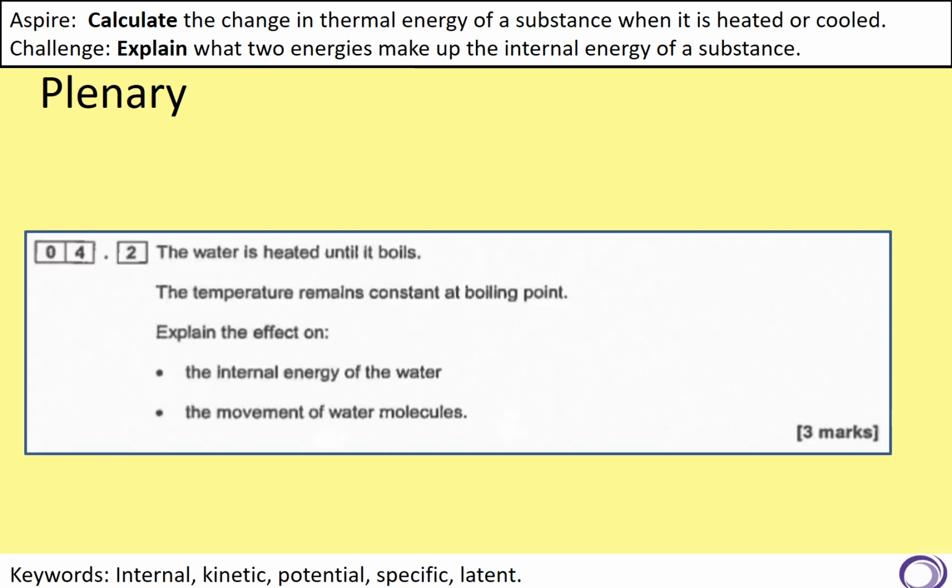Next question. If the water is heated until it boils, the temperature remains constant at the boiling point, so it'll stay at 100 degrees Celsius. Explain the effect on the internal energy of the water and the movement of the water particles. That's 3 marks. You're heating it, so what's going to happen to the internal energy?